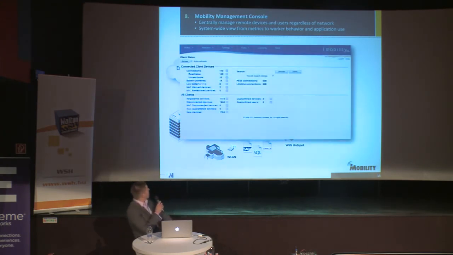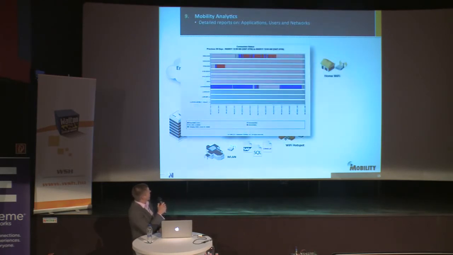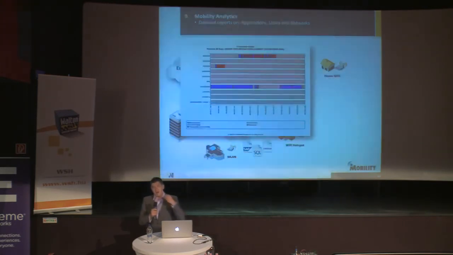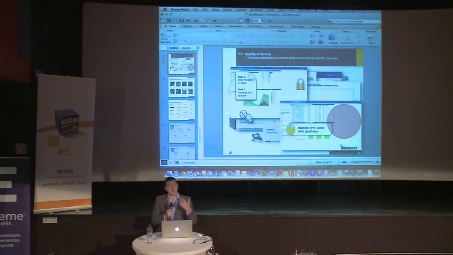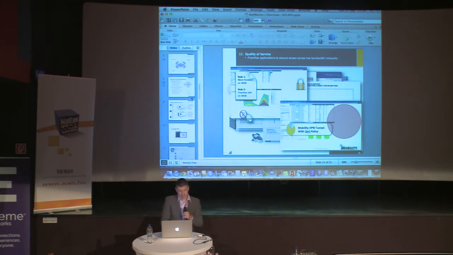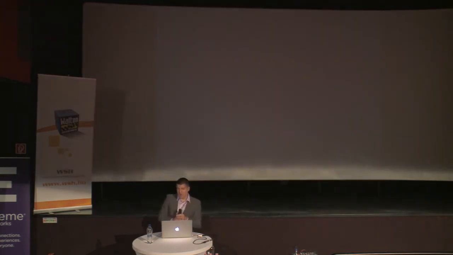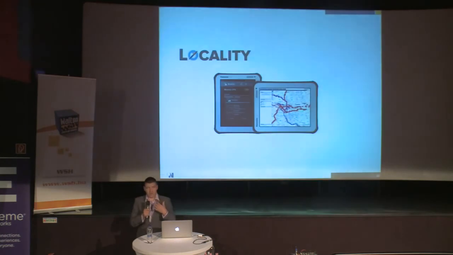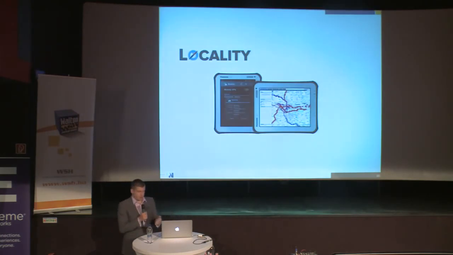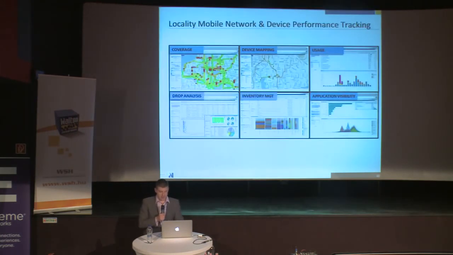So you really manage all your mobile devices, no matter where you are, and you understand that they are connected. If they're being disconnected, why? And the Locality product, again, the second one, just a few last words. It provides you more information about where the devices are and what's happening with their connectivity.